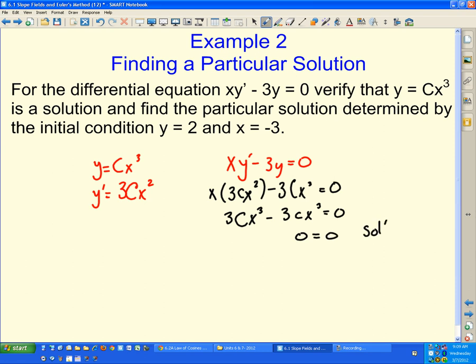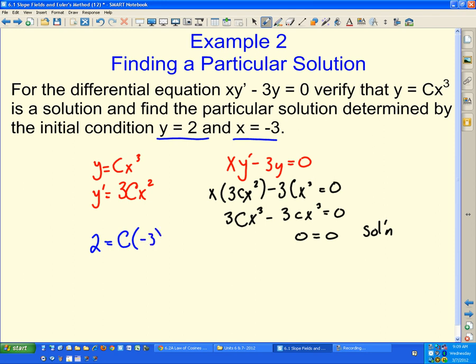And therefore, if that's a solution, then I should be able to find the particular solution using the given information that y is 2 and x is negative 3. Going back to my original equation, y is 2, and we're trying to find c when x is negative 3.